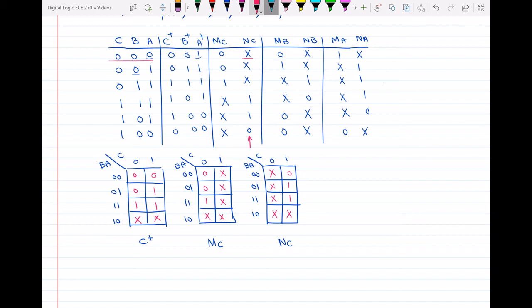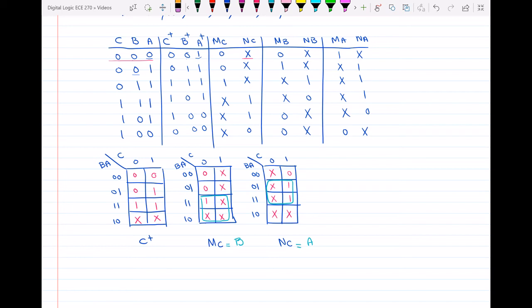All right, so if I want to write the equations for the inputs of these flip-flops, for flip-flop C, I can just write the equation that I can get from these Karnaugh maps. So for MC, I'm going to have B. So MC is equal to B, and NC will be equal to A. All right, so we found the equation for MC and NC.